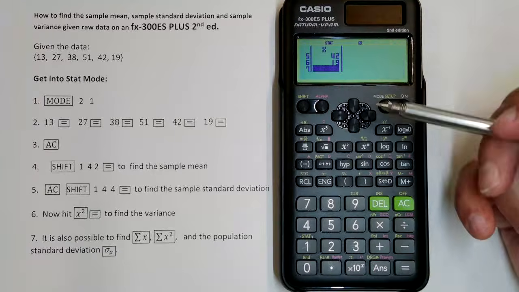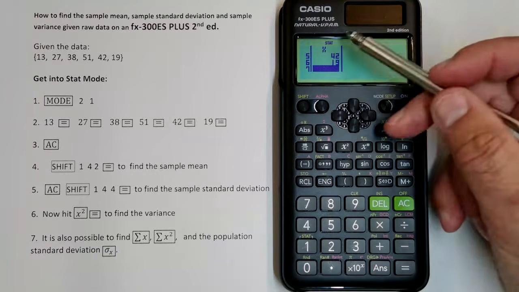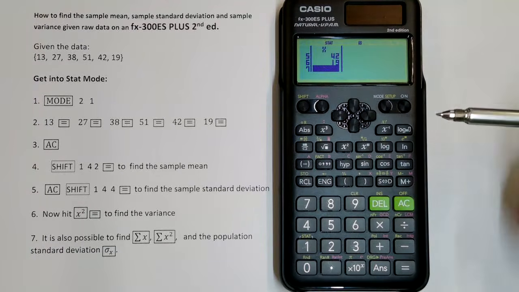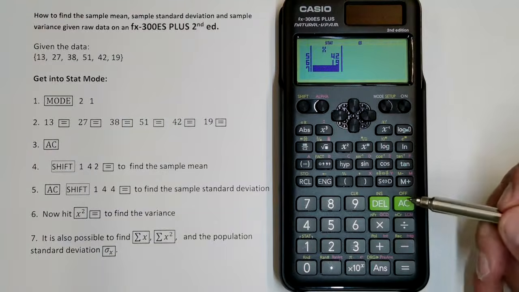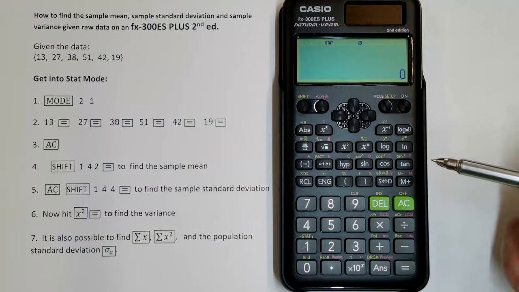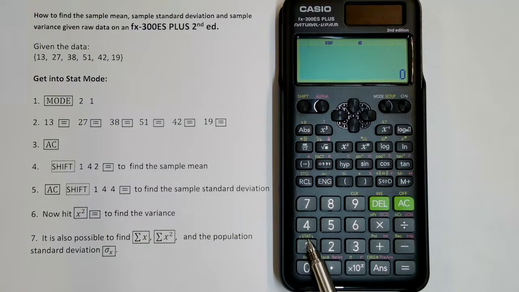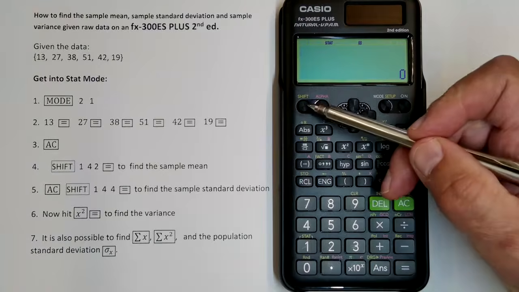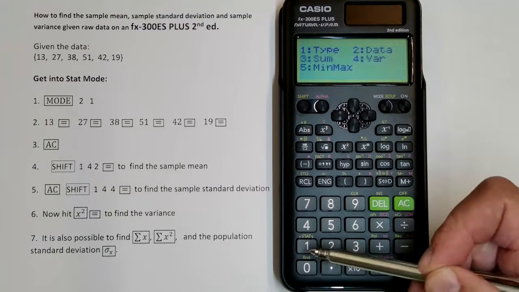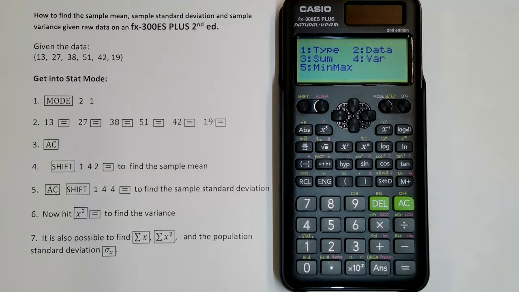Now we want to start doing some statistics with those numbers. We have all the data in our calculator, so we start with all clear. If you look down here, you see where it says STAT above the number 1, written in orange. We hit shift, stat 1, and it gives us a bunch of options.